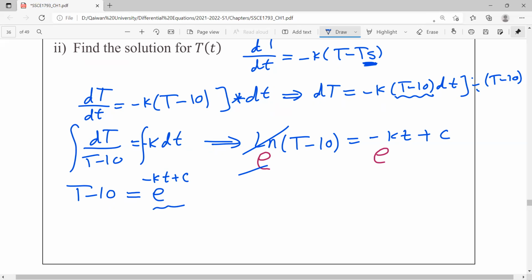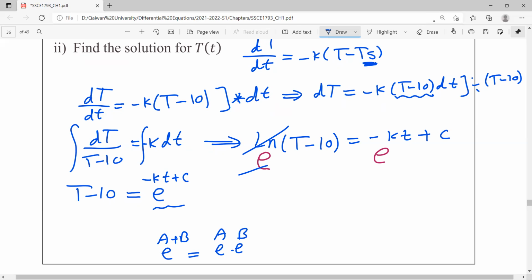Here we have e to the power minus kt plus c. It's the sum of two terms. We can say e to the power a plus b is equal to e to the power a times e to the power b.